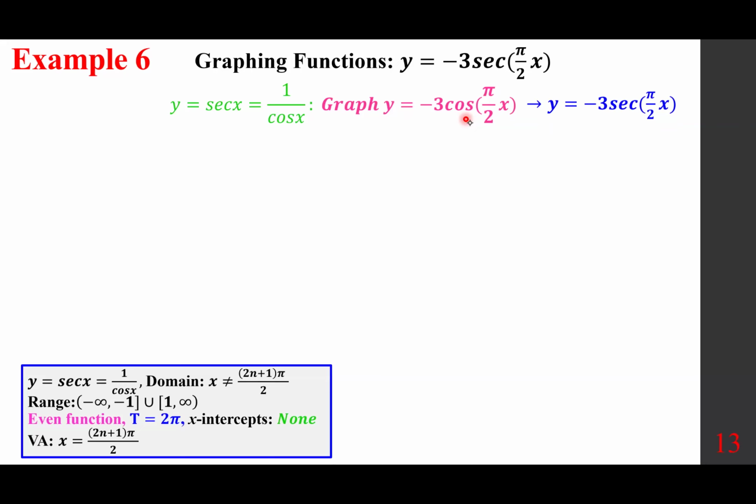Now, from cosine, we go to secant. That's the idea, since secant is 1 over cosine.